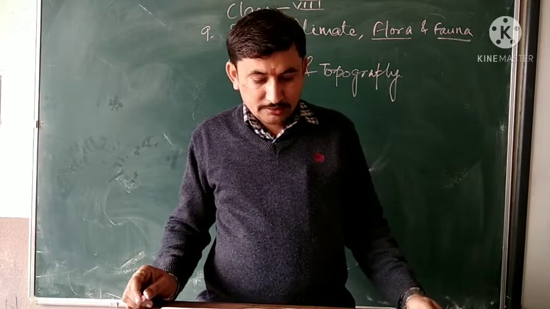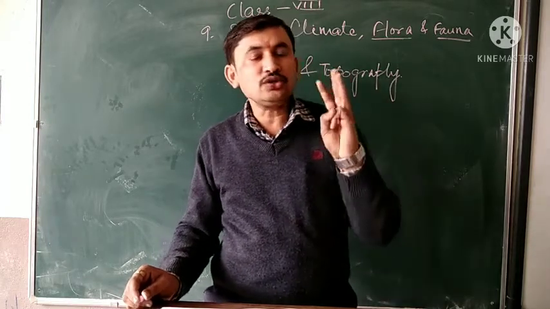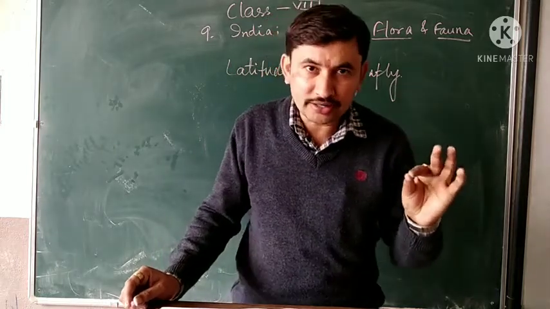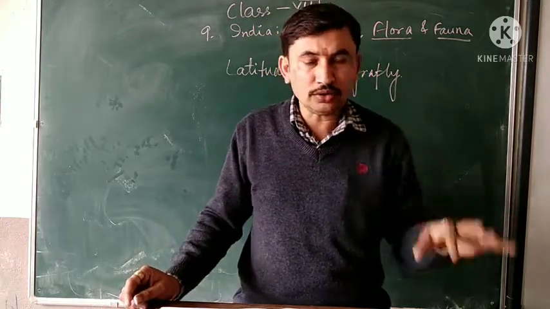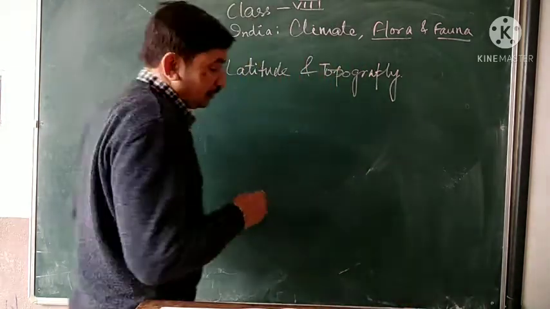Coastal regions experience the marine, equable or moderate type of climate, meaning winters are not very cold and summers are not very hot. Now, the second one is the influence of the Himalayas.